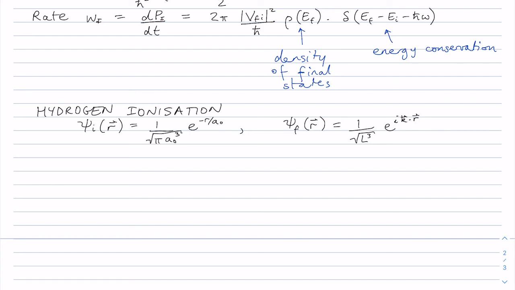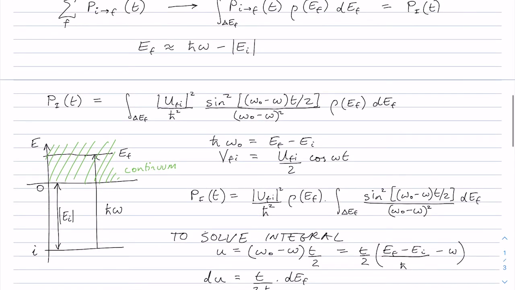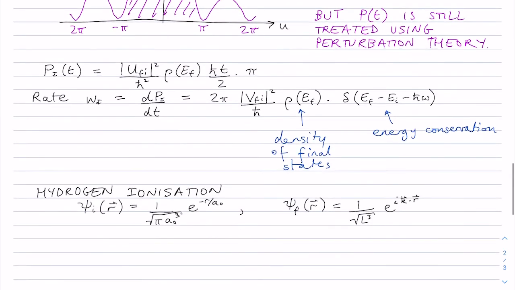So in other words, this E_F should be much larger than E_I, unlike how it's drawn here, in order to have a plane wave solution.